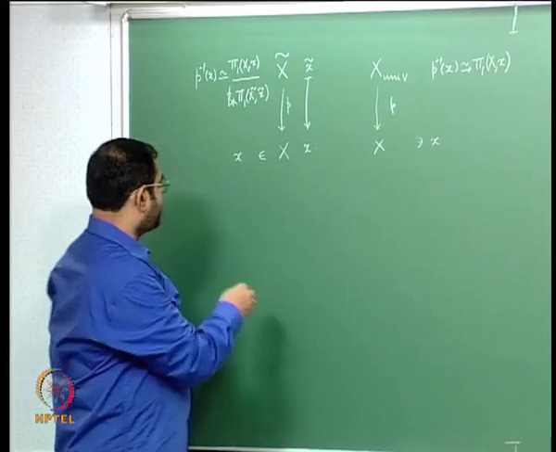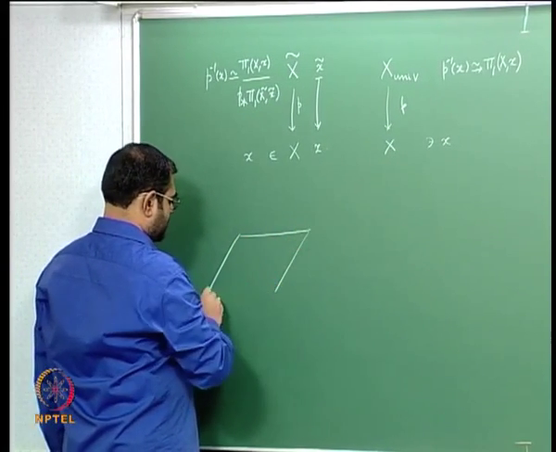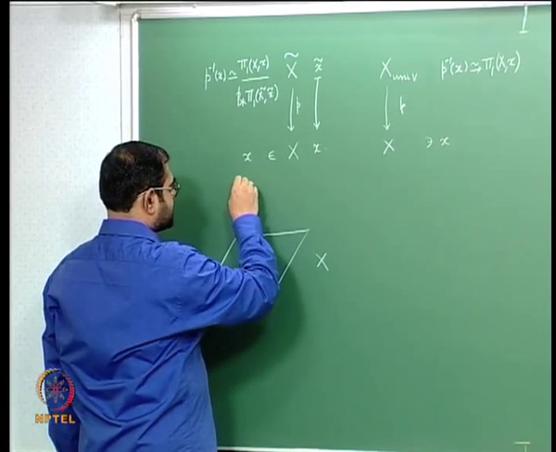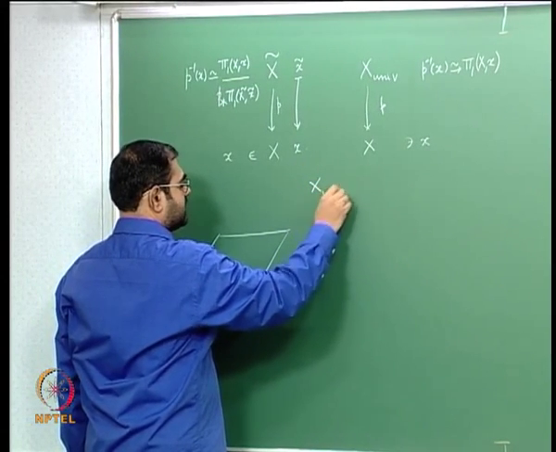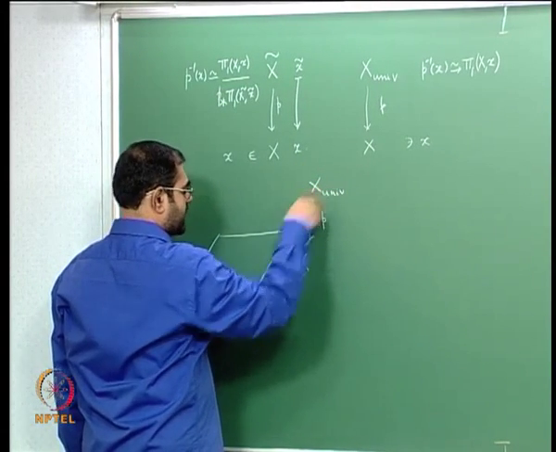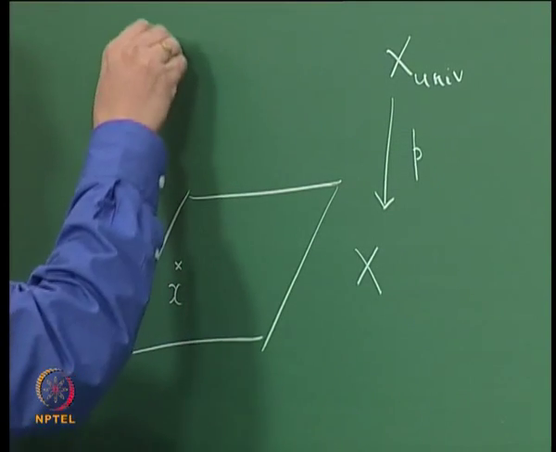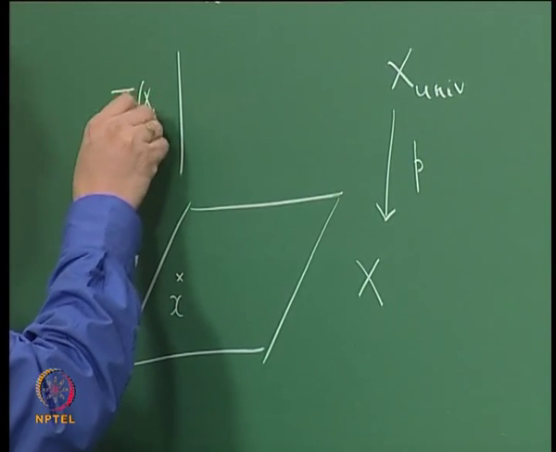Okay, so we got a picture in this form. So this was X, and this x tilde on this X. Now in this case the universal cover over X was a space gotten by, for every point x, putting a copy of the fundamental group based at small x.